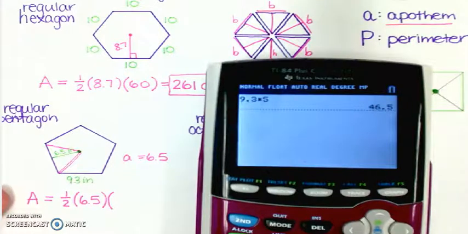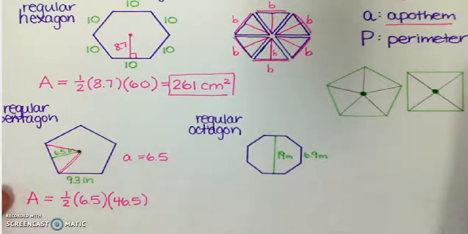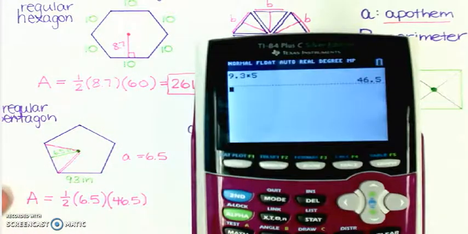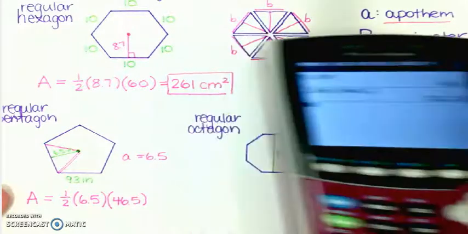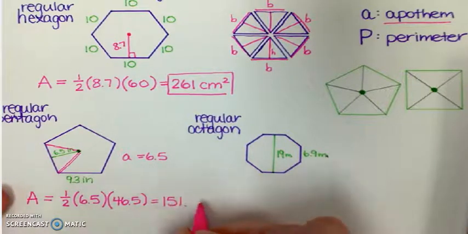So 46.5 is my perimeter. And that's all I need. So I'm going to do 0.5 times apothem times perimeter, 151.125. And this one would be in square inches.